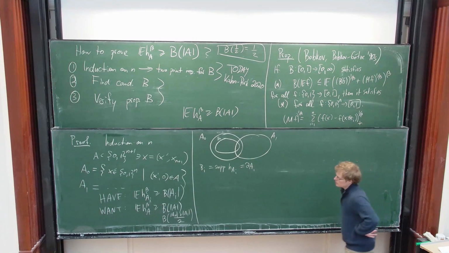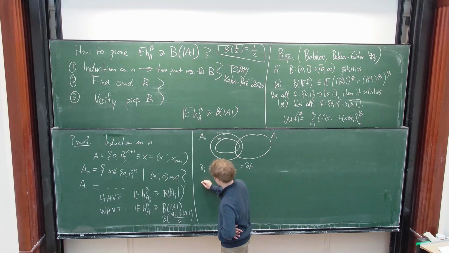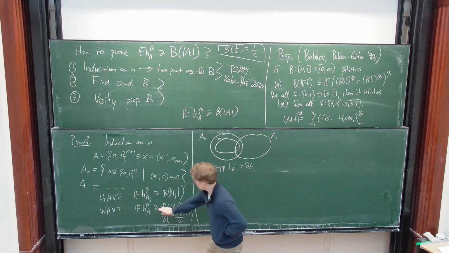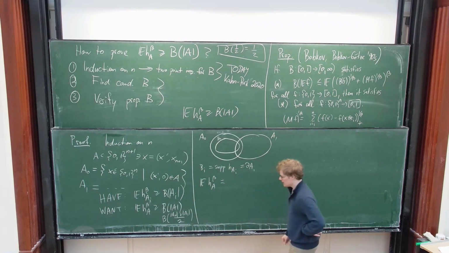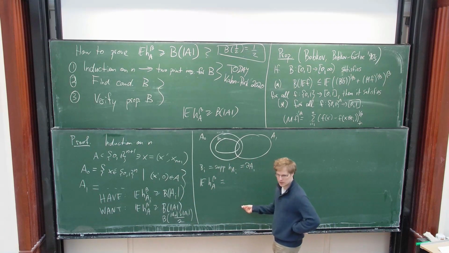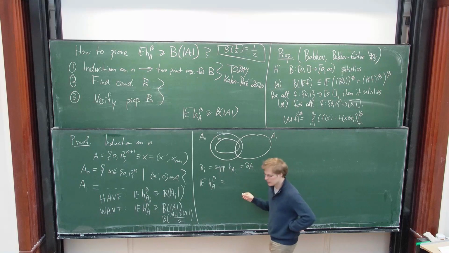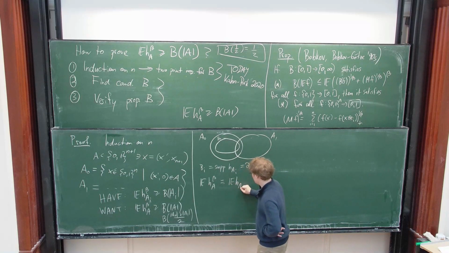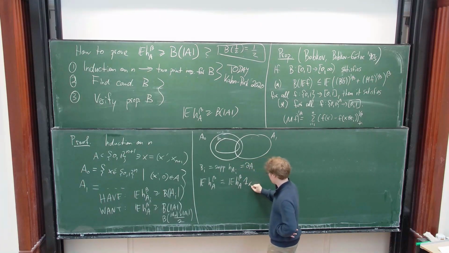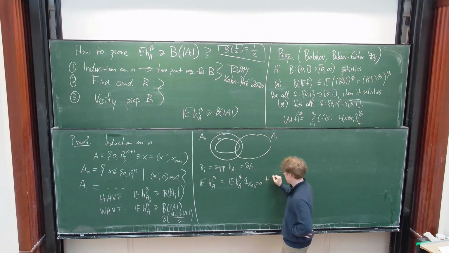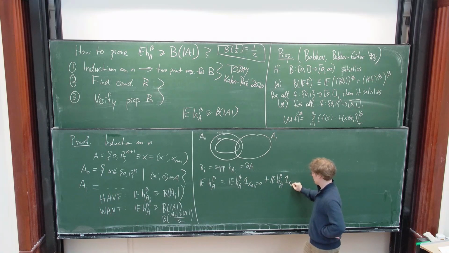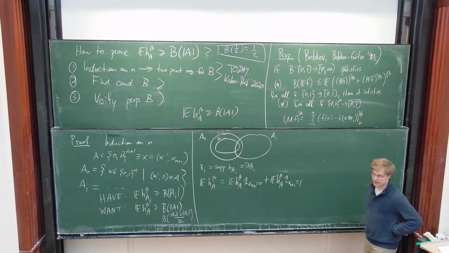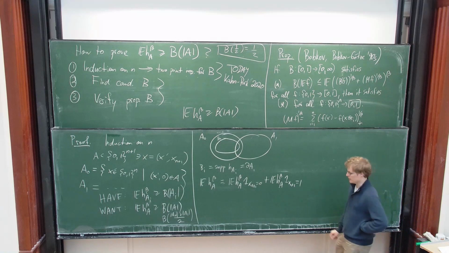Okay, so now let's see what happens to this quantity. We need to analyze this quantity, h_A. So what's the first step we should do? There's only one thing we can do: split it in terms of the last bit. There's really only one thing you can possibly do here to make progress. So you split it in terms of whether the last bit is 0 or 1.